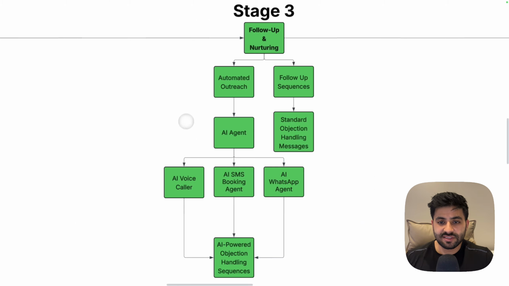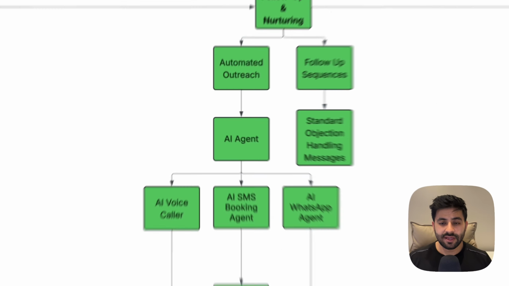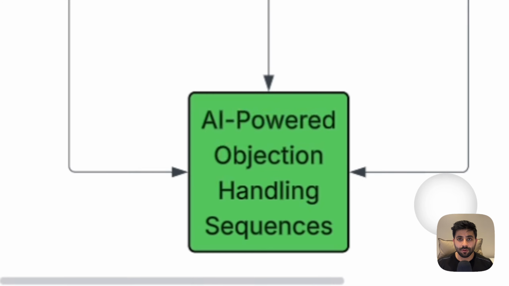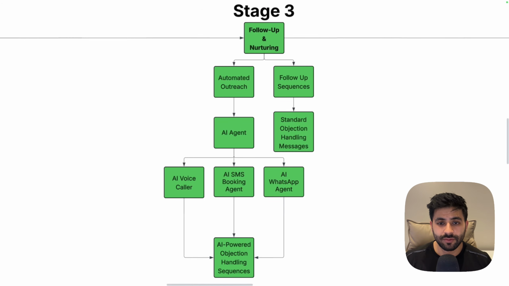More importantly, this system adapts to behavior. If someone doesn't open an email or doesn't click, they get a different message versus if someone replies by text, then the AI agent knows how to carry the conversation forward, answer basic questions, and handle objections with AI-powered technology to ensure that they're able to book an appointment, right?